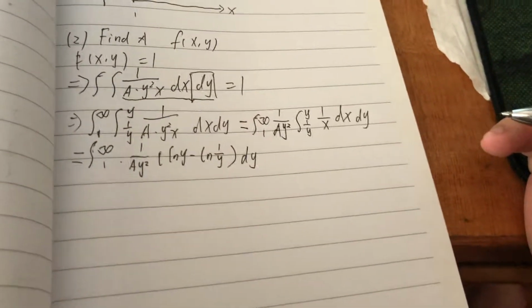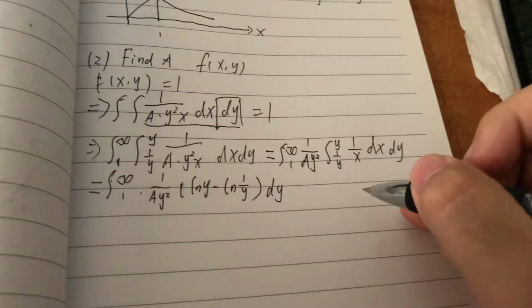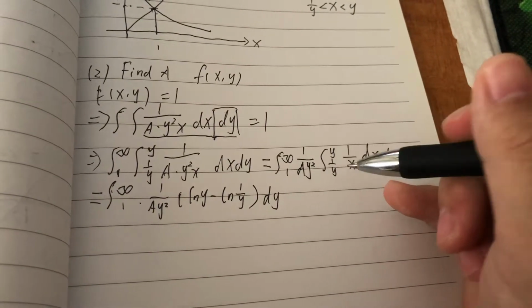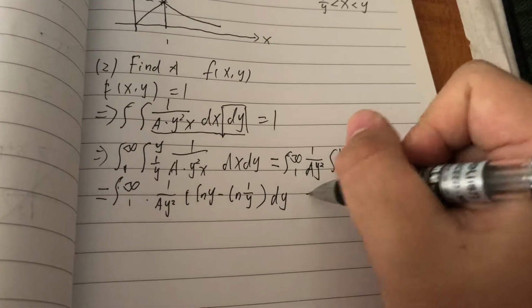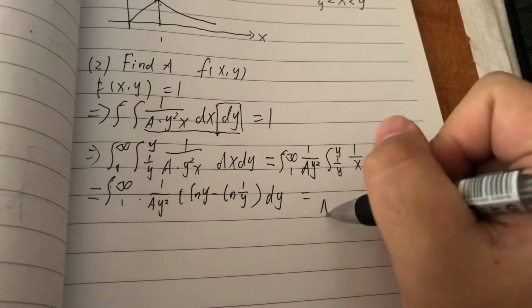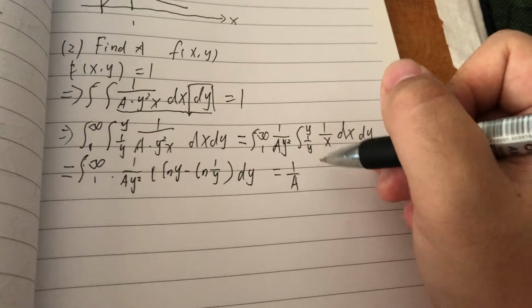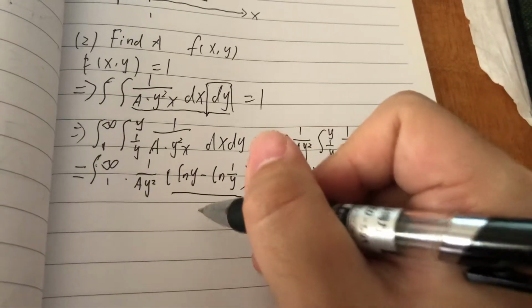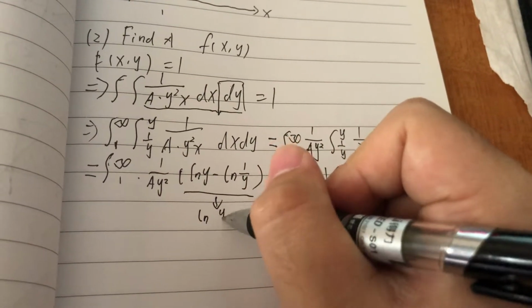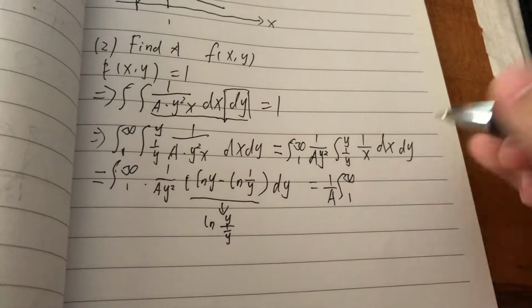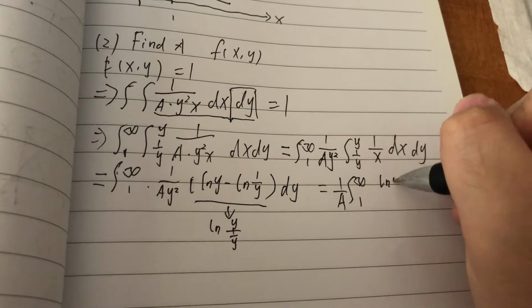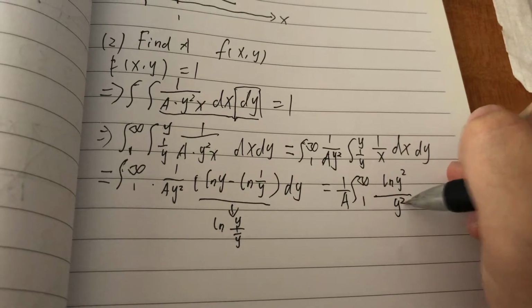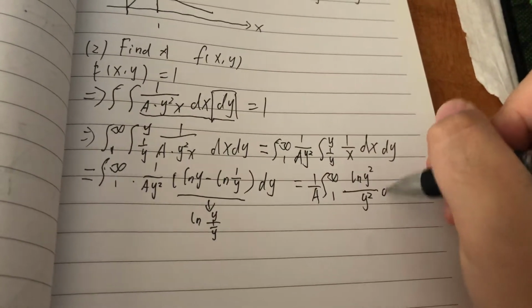We can move the 1 over a to the outside of the integral, and this one we can get ln y, ln y squared divided by y squared, dy.